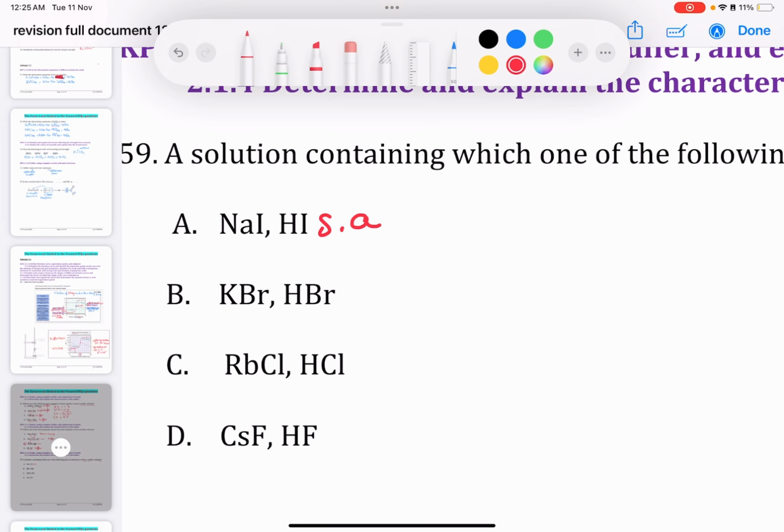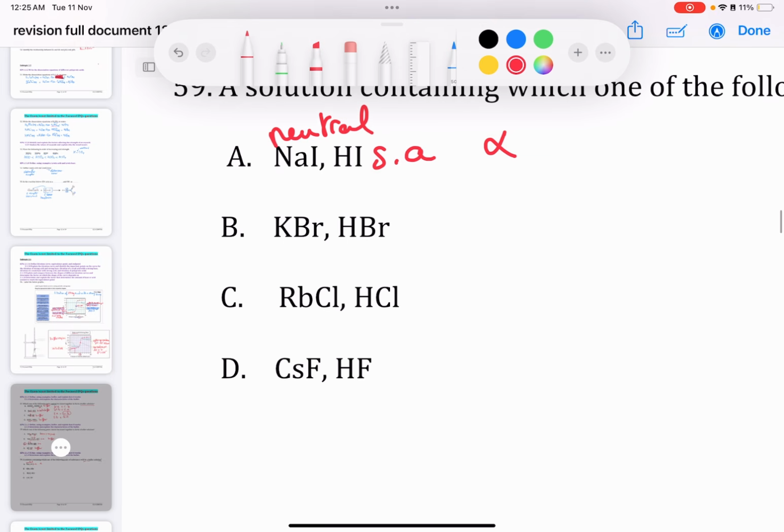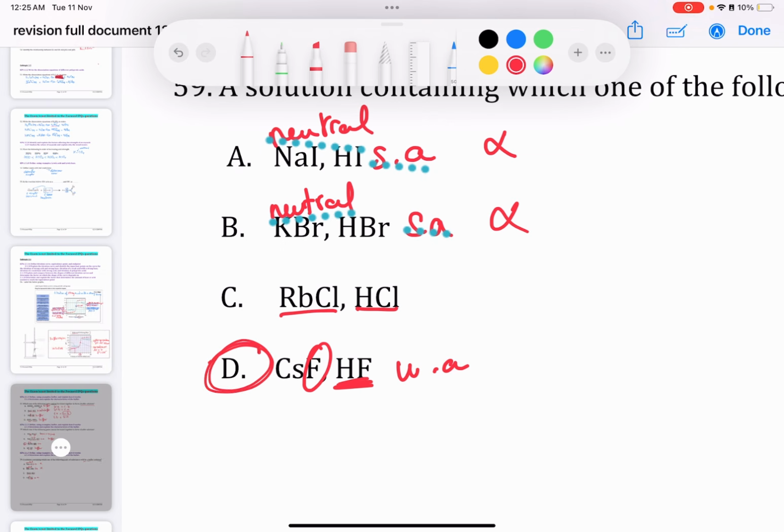And a neutral salt is here. That's not a buffer. That's a strong acid over here again. And that's a neutral salt. That's not a buffer. That's a strong acid, neutral salt. That's a weak acid. And that's a basic salt, HF and F-. So that is a buffer.